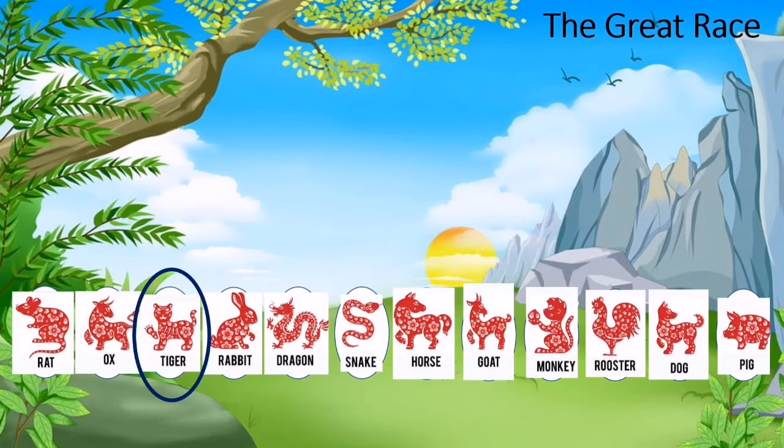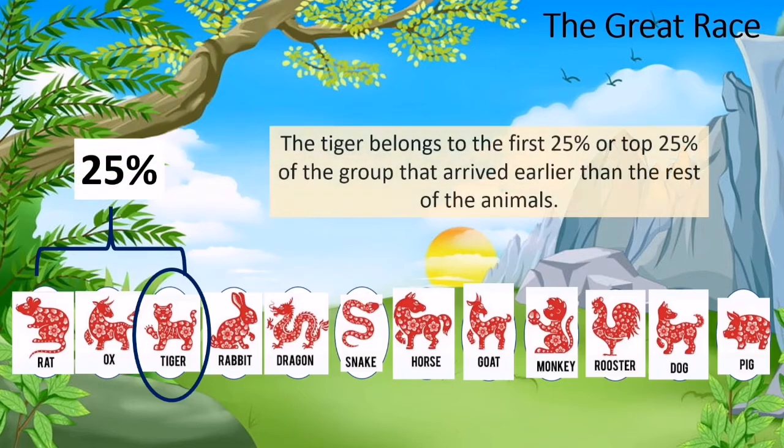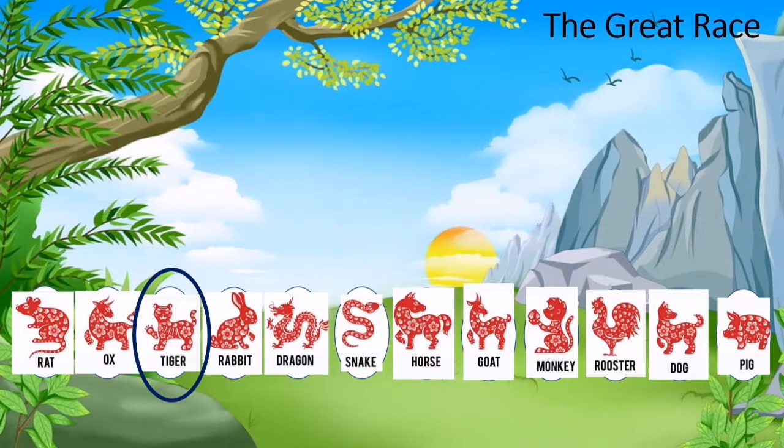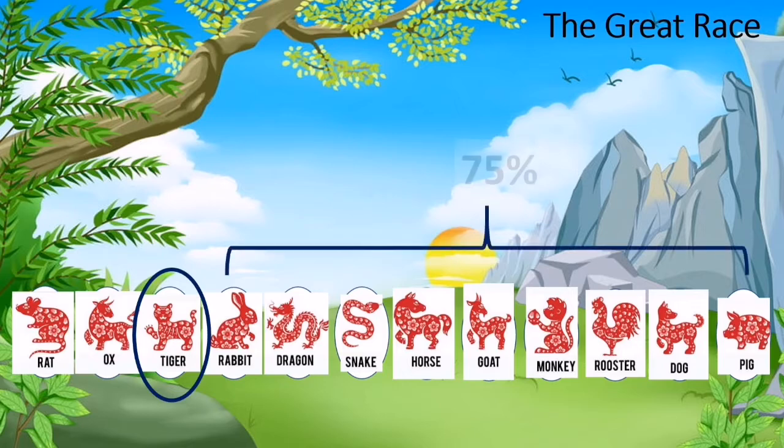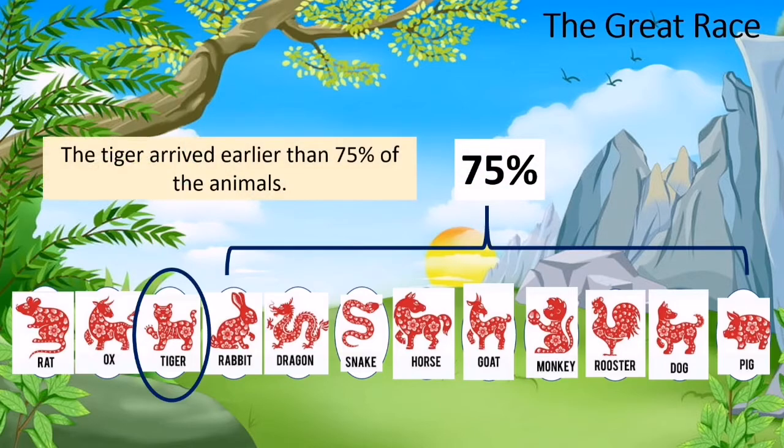The tiger belongs to the first 25% or top 25% of the group that arrived earlier than the rest of the animals. Also, the tiger arrived earlier than the 75% of the animals.